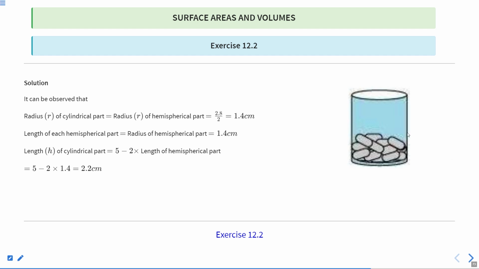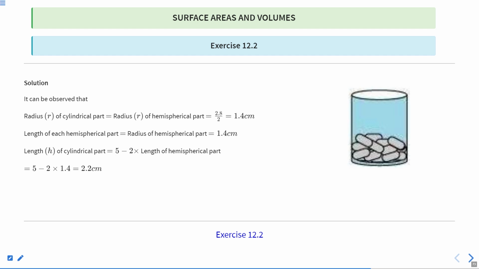Now the length of each hemispherical part is equal to the radius of the hemispherical part, which is 1.4 centimeter. The length of the cylindrical part is equal to 5 minus 2 times the length of the hemispherical part.